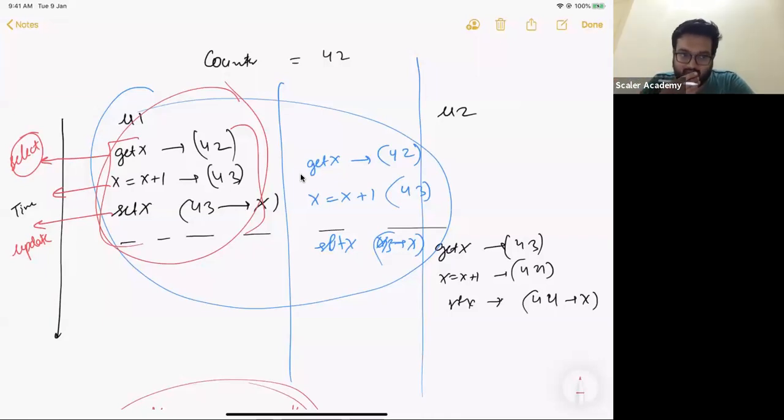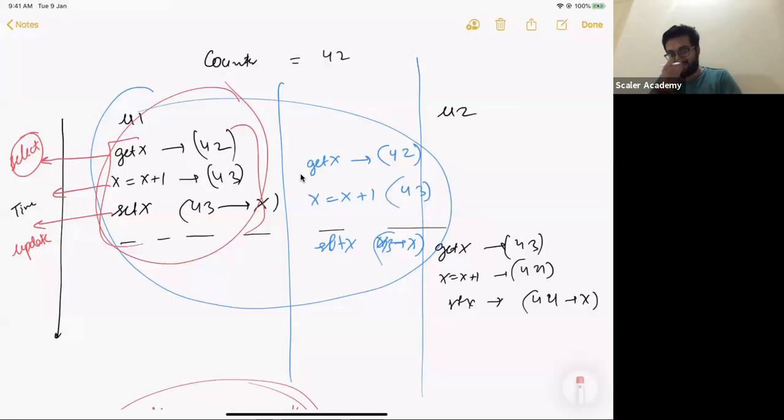Does that make sense? So it's not going to be the case that the select is going to stop midway. Does that make some sense?